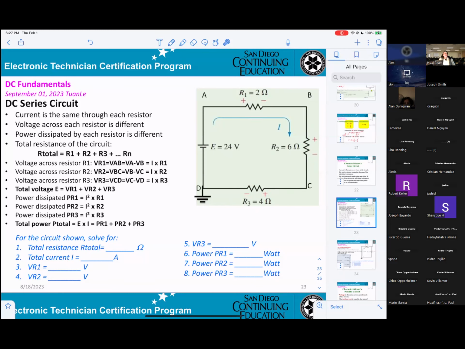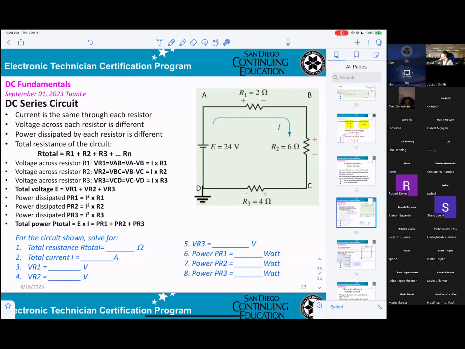However, an easy way: if the resistors get the same current, they are connected in series. In series, current is the same through each resistor, voltage across each resistor is different, power dissipated by each resistor is different, and total resistance of the circuit is just the sum of them.